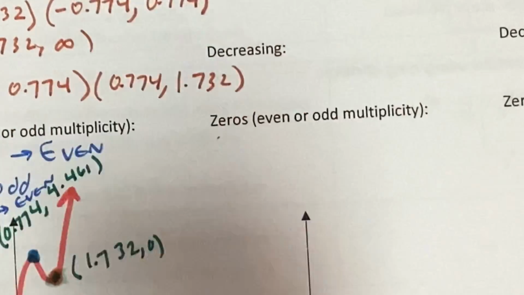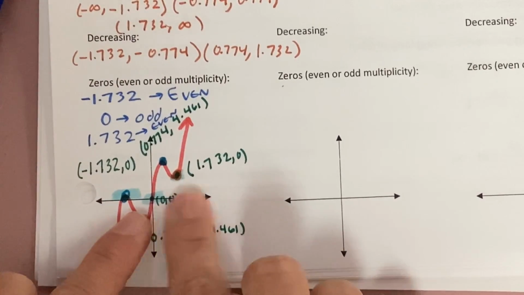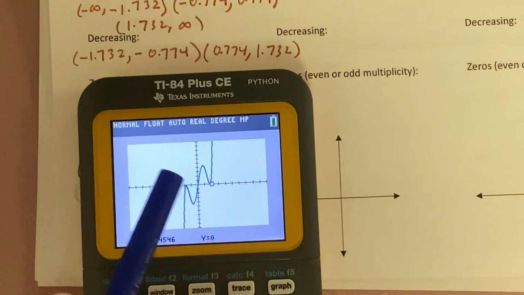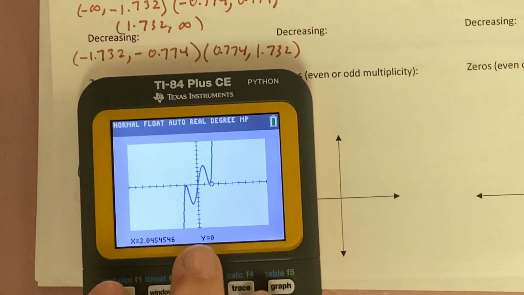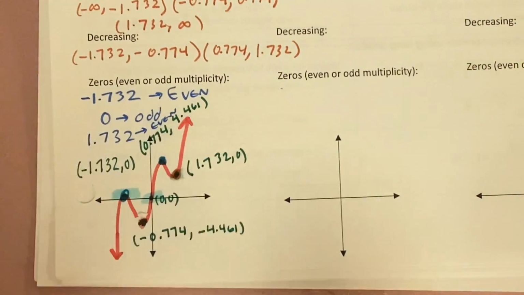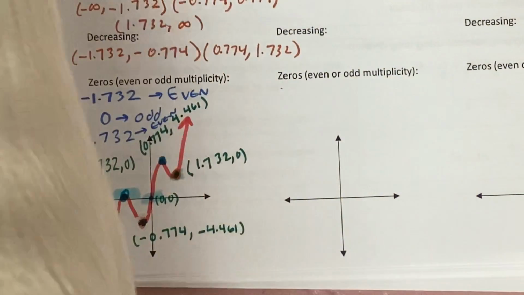I kind of ran out of space. Oh, sorry, you can't see any of that. My bad. So I would list the 3 zeros. So I would just list this guy, and this guy where it hits the x-axis, and then just say even or odd. So you just have to list the x numbers. So it's just like one time.